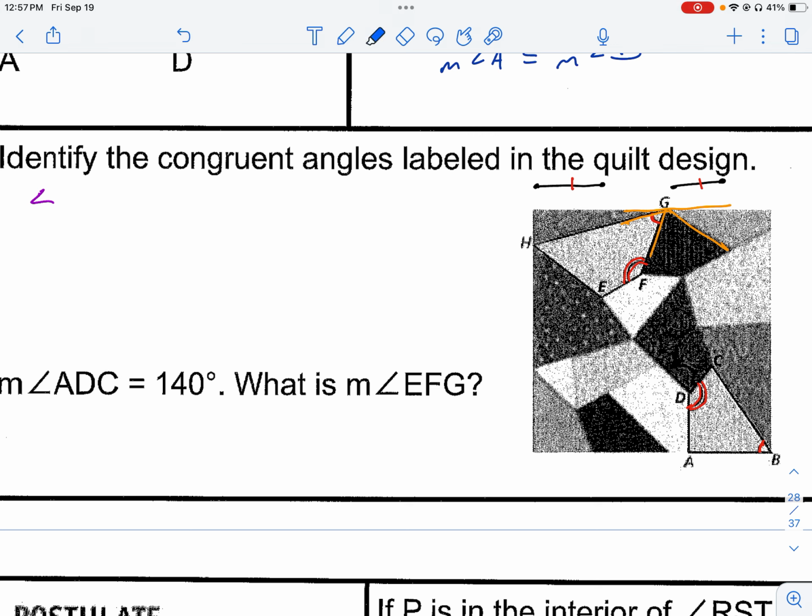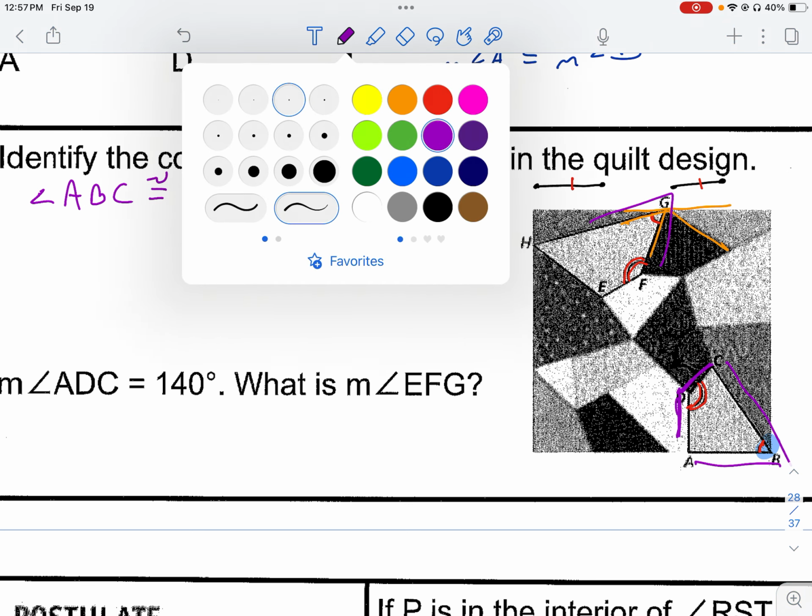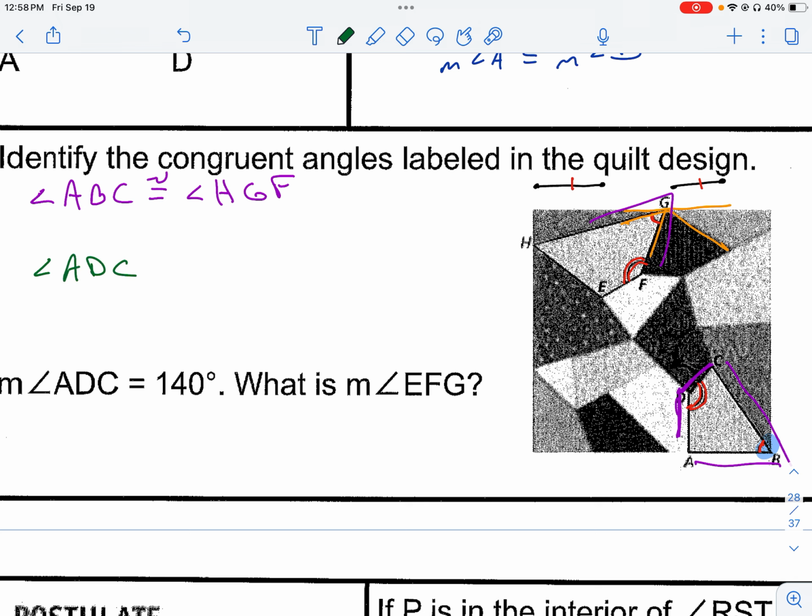I got 1 down here, so that's angle ABC, and it's going to be congruent to angle HGF. Then we go to the 2's, and here we have ADC. Angle ADC is congruent to angle EFG. Ones go with ones, twos go with twos.